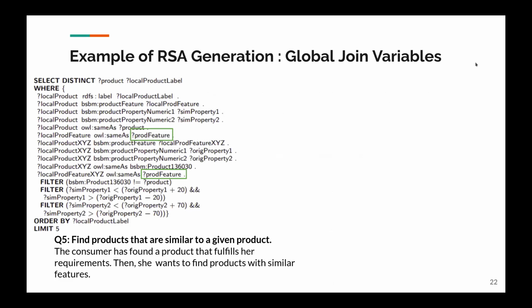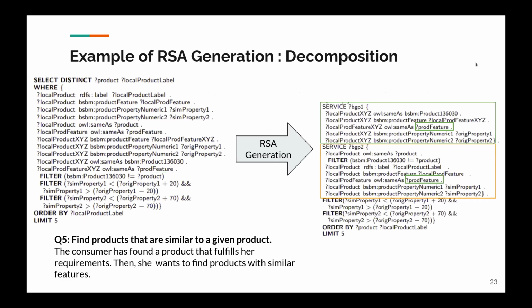So in this example query, for instance, we have just one global join variable, namely this product feature. And therefore, we can split the query into the two parts that are connected via this join variable.